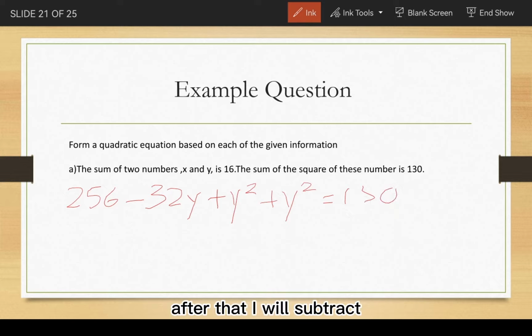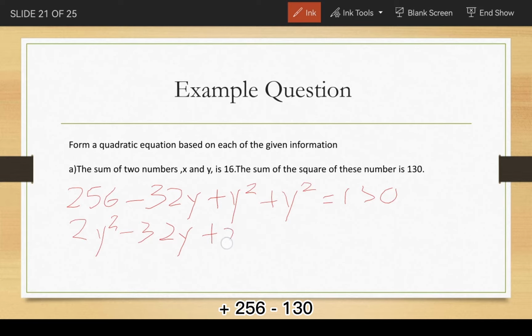So after that, I will subtract 130 from both sides, which is 2y squared minus 32y plus 256 minus 130 equal 130 minus 130.